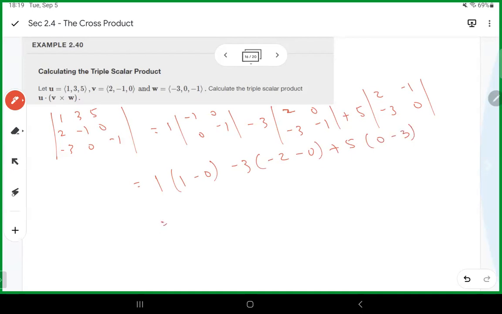So that would give us a 1, a +6, and a -15, for a -8. All right.